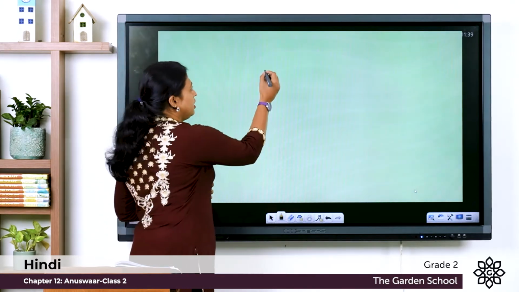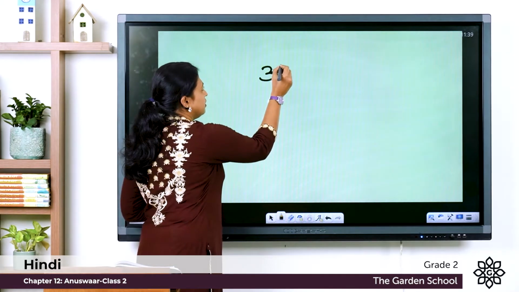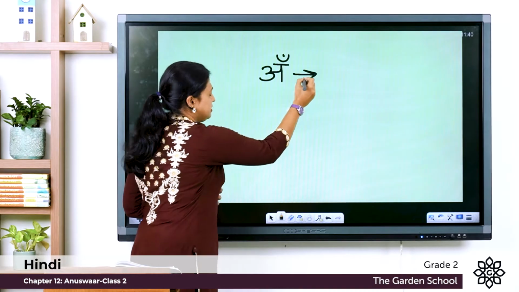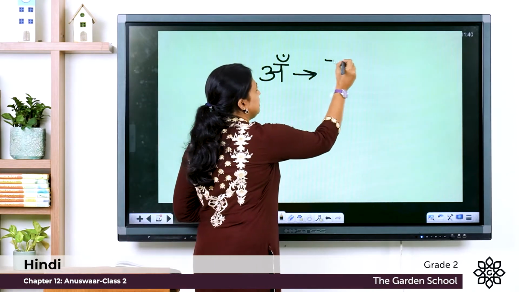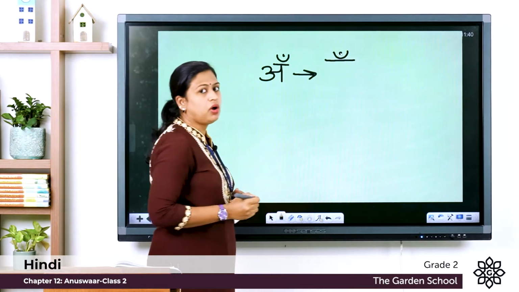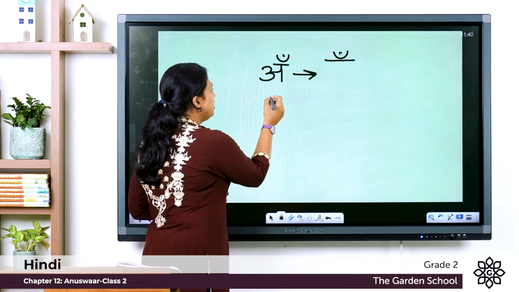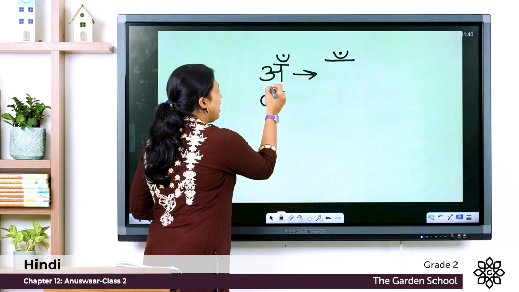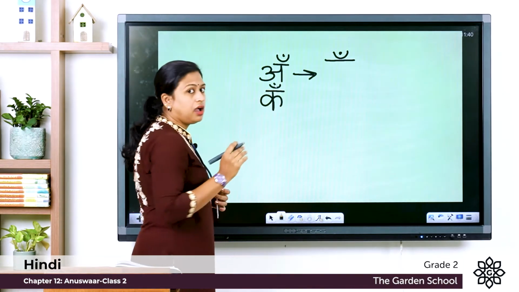Now this is the word A and the symbol is first a sleeping line, a small curve and on the top a dot. For example, we are using this with a Vyanjan letter Ka and we pronounce it Ka.